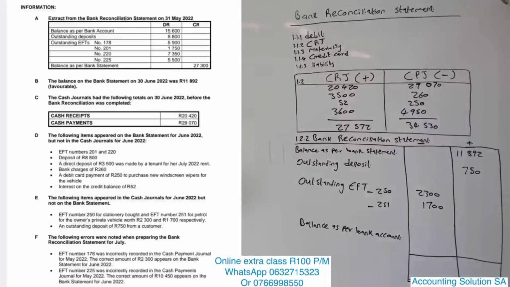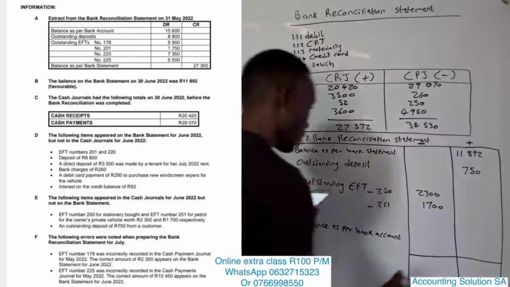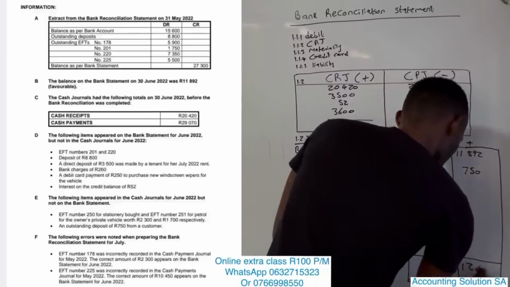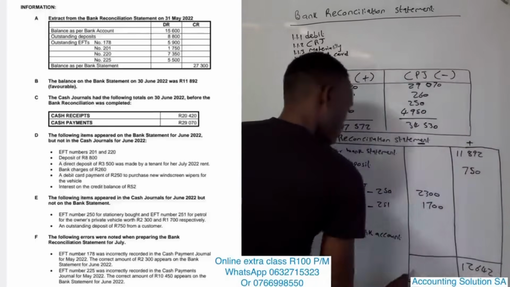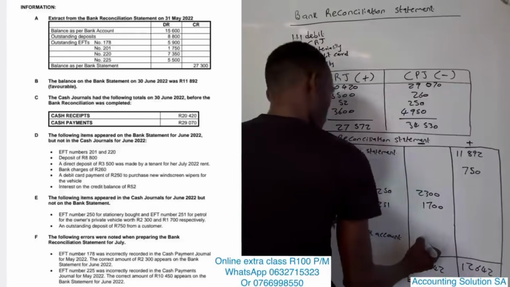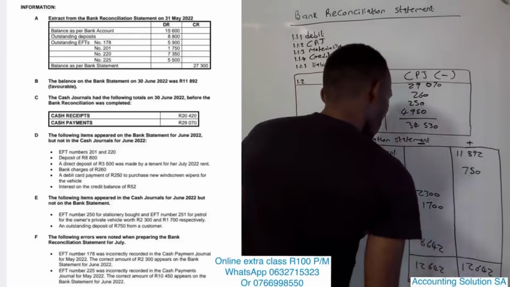Now let's calculate which side is higher. The side which is higher is this one, 12,642, and it's going to be the same 12,642, and here it will be 8,642.